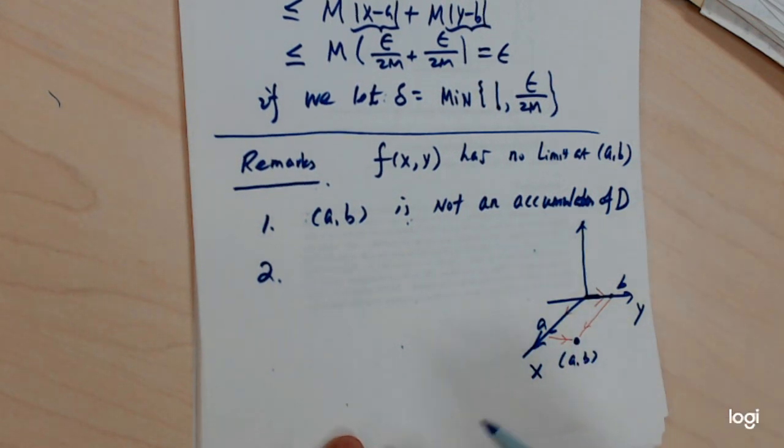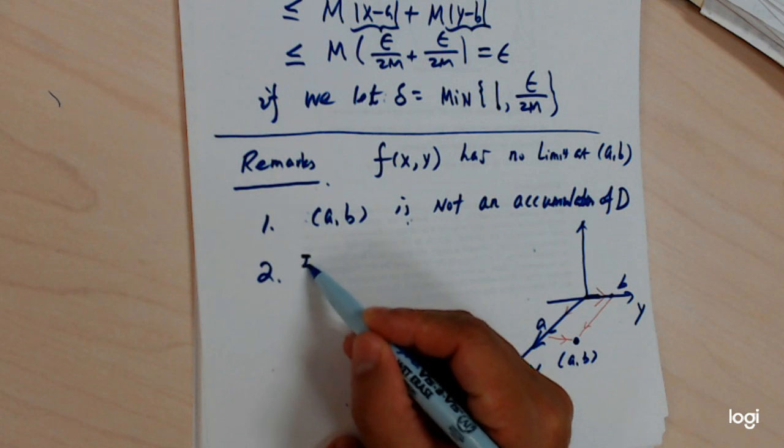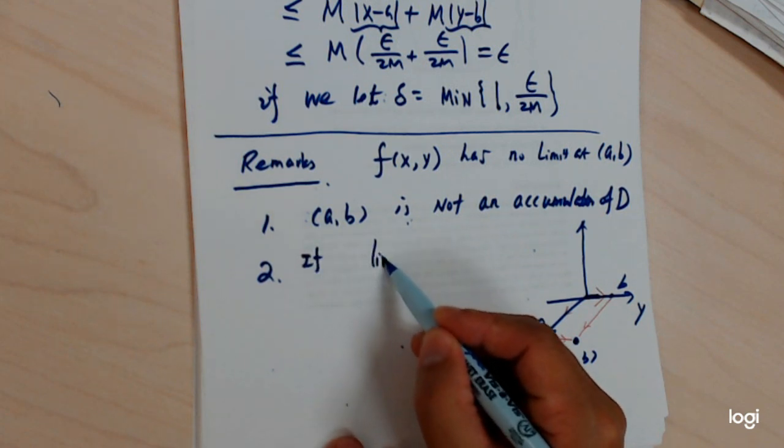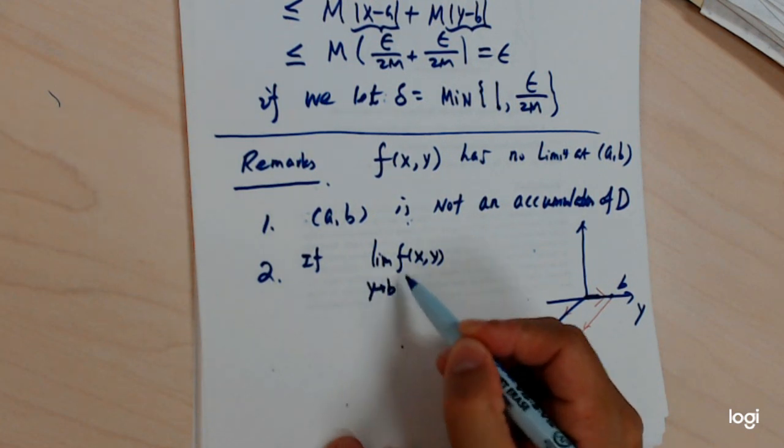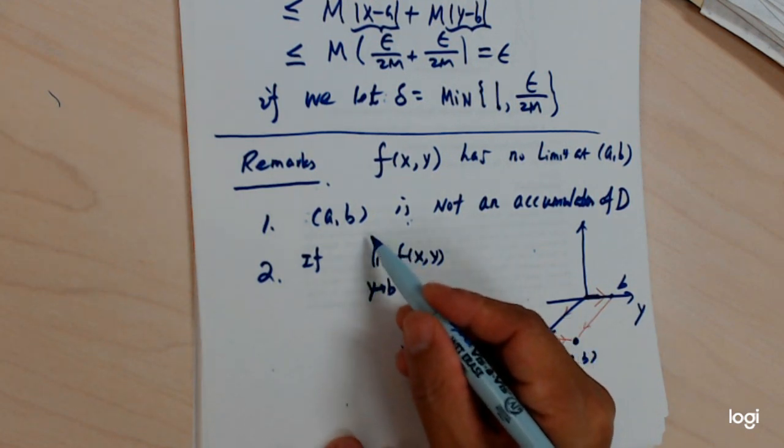So this result says, if you take this two-variable function and let Y approach B first, you're going to find the limit, but X will stay behind.